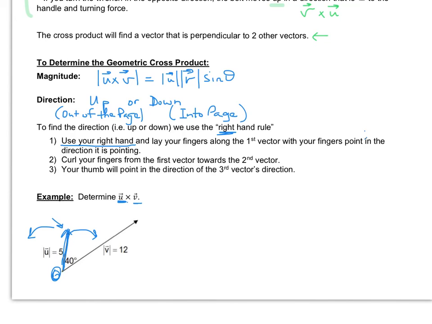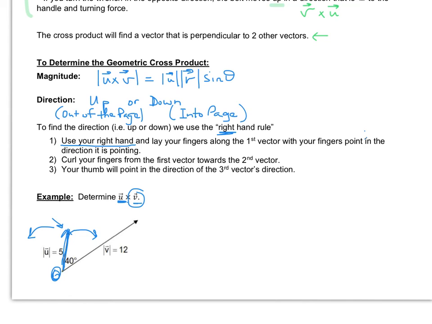So your palm has to face the second vector so that you can curl those fingers towards the second vector. You'll notice your thumb is pointing down. It's pointing into the page when we do this. So this is a downward direction. It's an into the page direction here for our example.